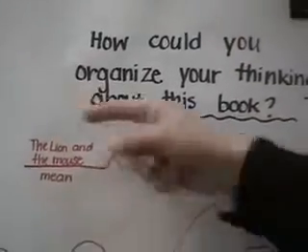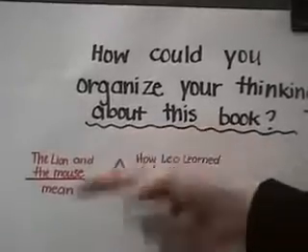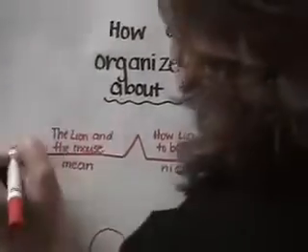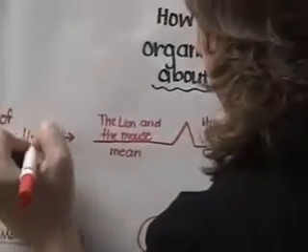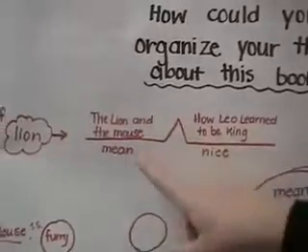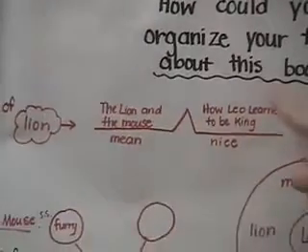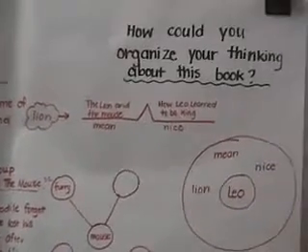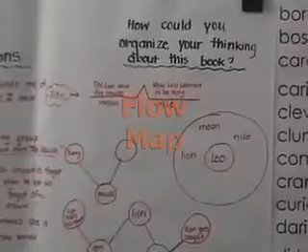What are both of these things about? The lion and the mouse. The relating factor is the lion. Both of these are about a lion, and you're looking at how he was mean in one story and he was nice in another. A different lion was nice to the mouse. Okay, nicely done.